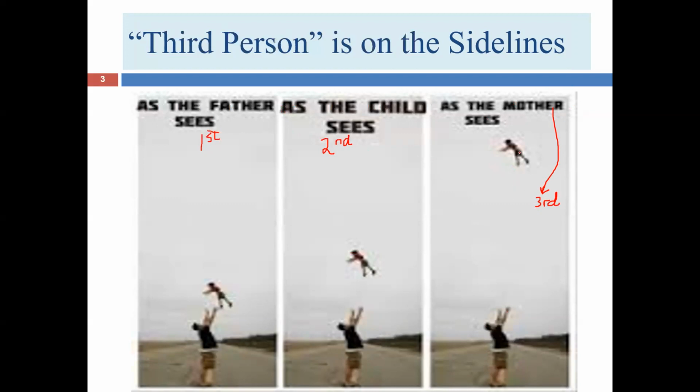It seems like surely there's no way that her husband could possibly catch little Johnny or Sarah, and he's throwing the baby so high that if he doesn't catch the baby, the baby's going to die, right? So this is an illustration of what we talk about when we talk about third persons. The third person perspective is the person who is not involved in the particular transaction, even though that third person may be very interested in the transaction. The mom is very interested in this, even though she is not one of the parties involved.